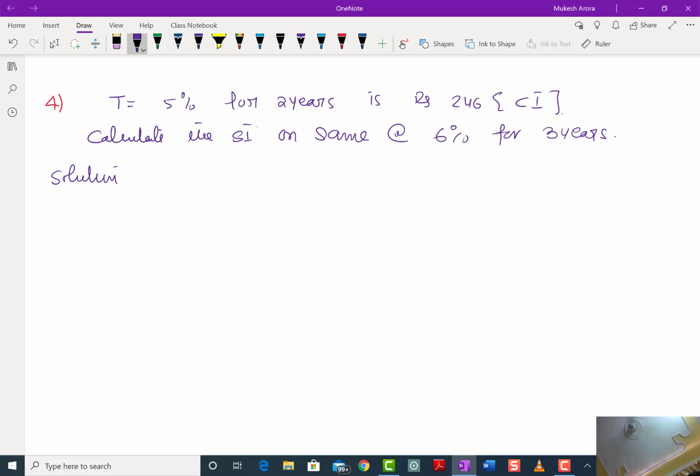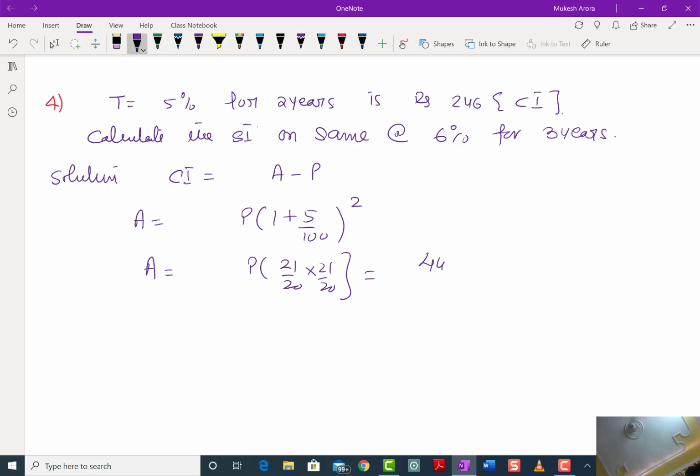So time and the compound interest are given. Compound interest is equal to amount minus principal. The amount is equal to principal into 1 plus 5 by 100 raised to the power 2. Amount is equal to principal into 21 by 20 into 21 by 20, which is 441 by 400.